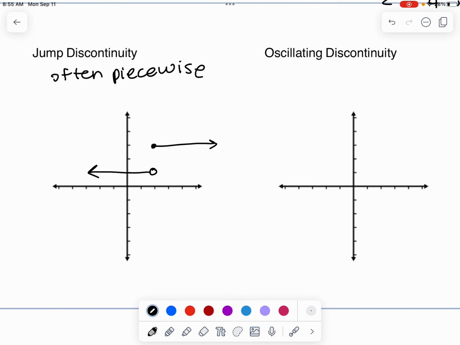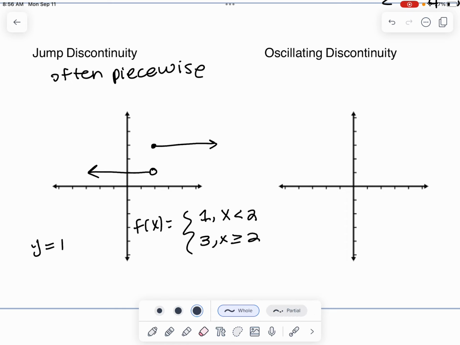If we had our finger here, we would have to jump to get there. And so it's pretty obvious that's a jump discontinuity. Here's an example of what this equation might look like. The function is 1 when x is less than 2, and that just means y equals 1. And then it is 3 when x is greater than or equal to 2. So that's an example of that graph.